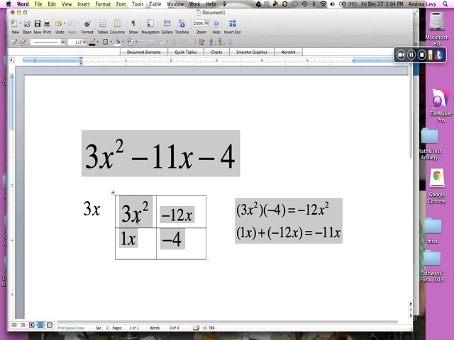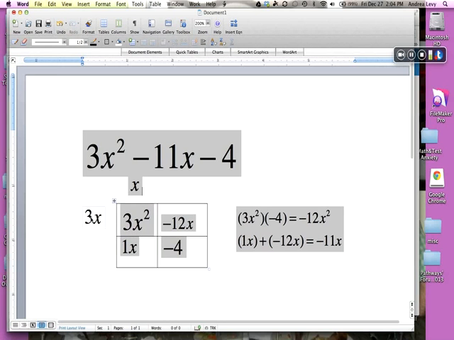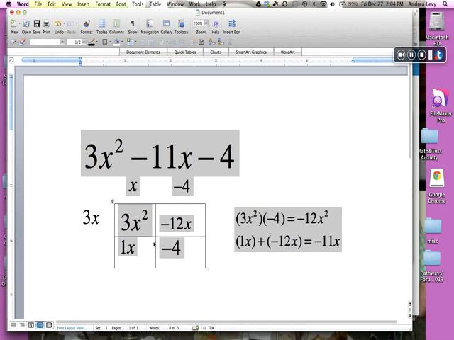And now I can take this 3x and divide it into each of the numbers in the top row. 3x divides into 3x squared x times, and 3x divides into negative 12x negative 4 times.